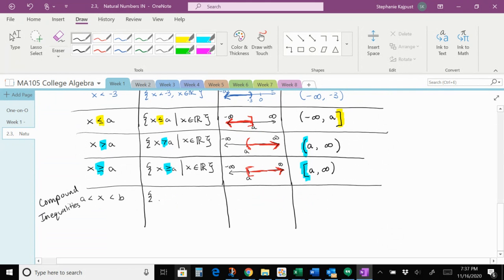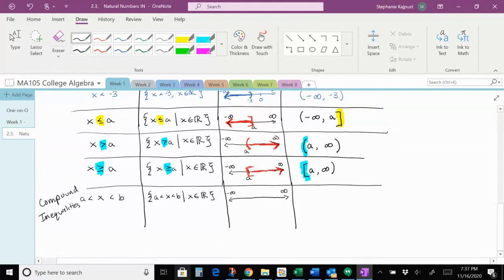So the set builder notation is going to be very similar. We're literally just changing whatever is on the left side of that bar, the vertical bar there. The graph is what's different.